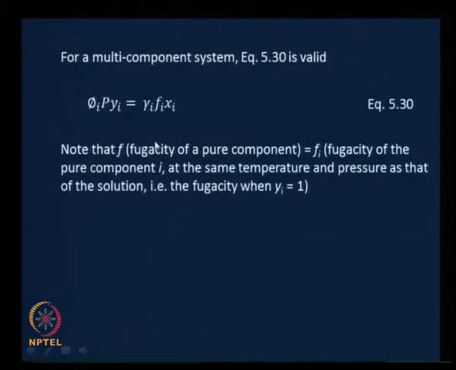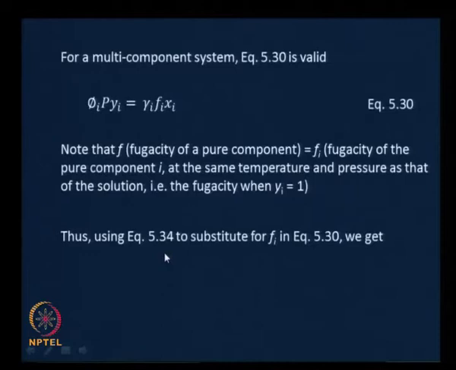Note that the F, which is the fugacity of a pure component, equals F I, the fugacity of the pure component I at the same temperature and pressure as that of the solution, that is the fugacity when the mole fraction equals 1.